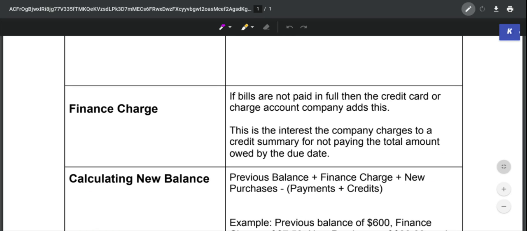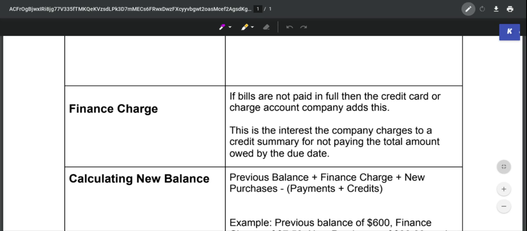If you do not pay off your credit card or the charge account for the company, then you're going to be charged interest because you didn't pay off your bills on time. So when you get that account statement, you're going to need to be able to calculate all of that to figure out what your balance is, and that's what we're pretty much going to go over.